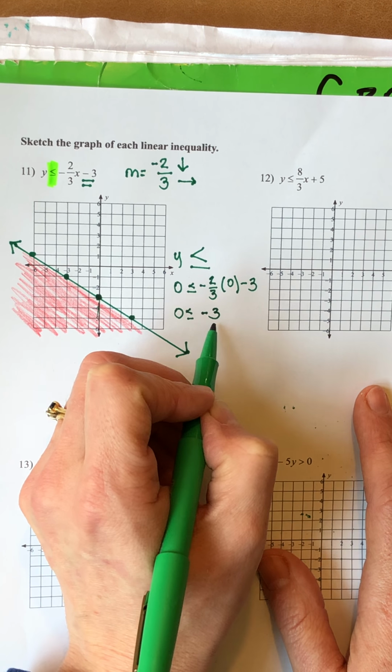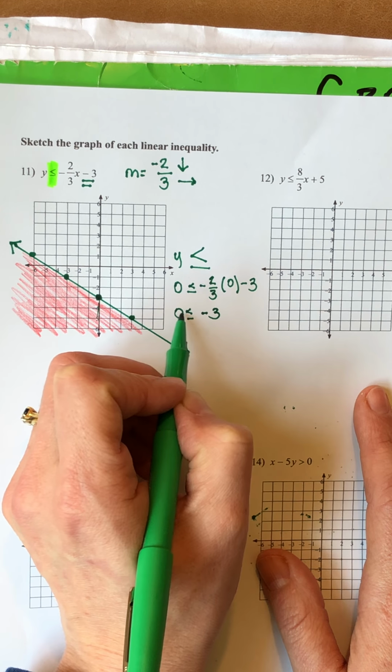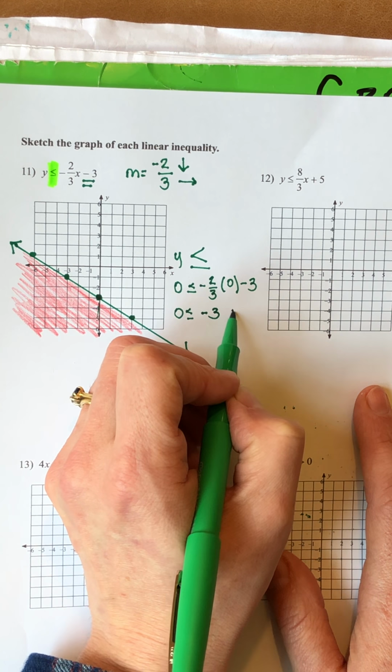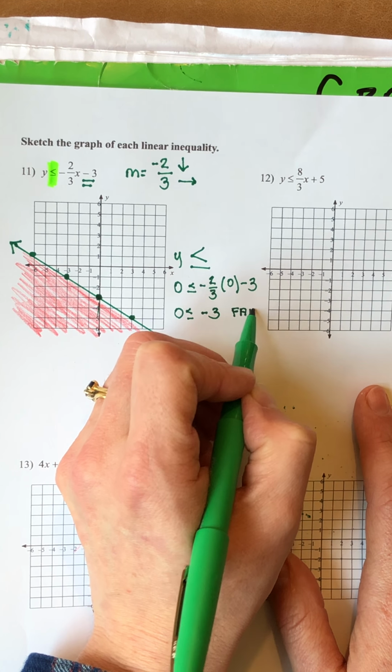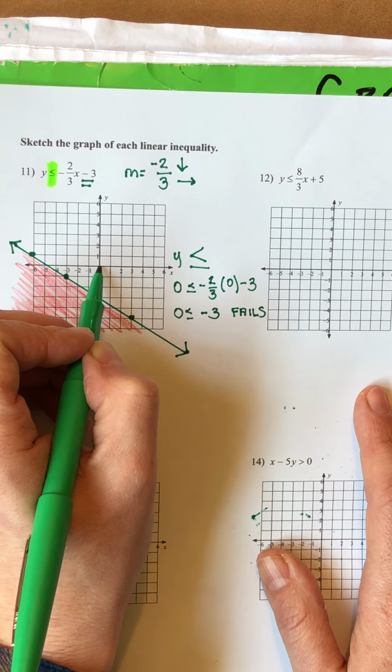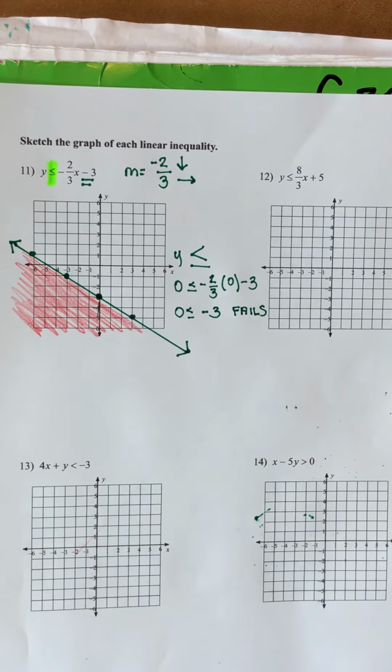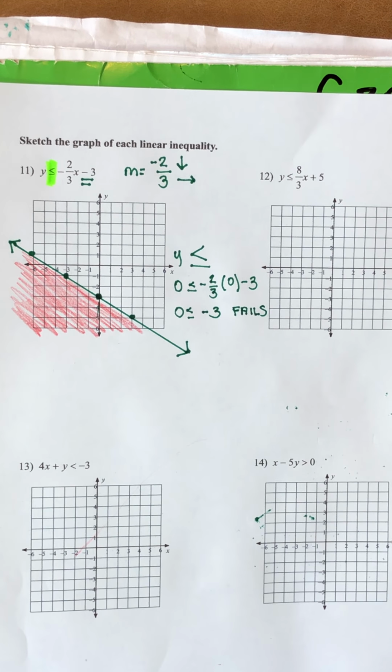Is 0 less than or equal to -3? No, 0 is bigger than any negative number, so this fails. So 0, 0 fails, it should not be shaded. So that's one of the ways you can check. But remember, we also have an answer key, so you can always look on the answer key.